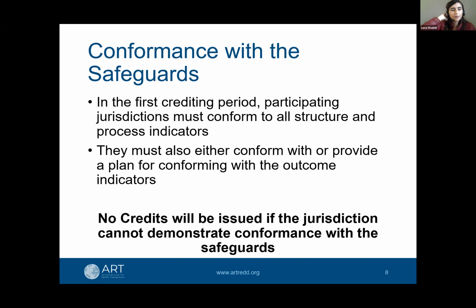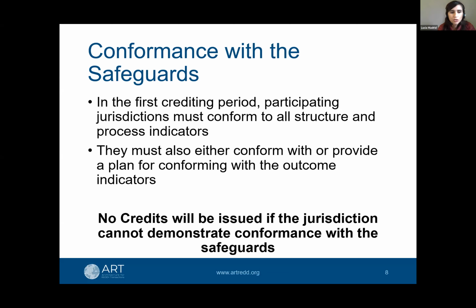In the first crediting period, participants must conform with all structure and process indicators for each Cancun safeguard theme. In addition, they must either conform with or provide a plan for conforming with the outcome indicators. Within 5 years of joining ART, participants must demonstrate conformance with all indicators.